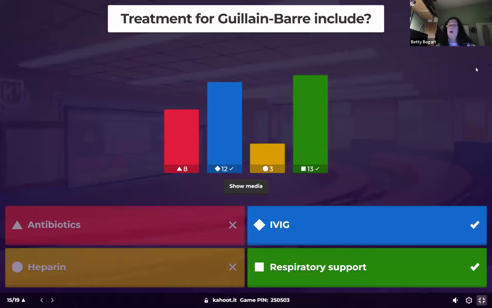So antibiotics are not needed. We're going to give IVIG, plasmapheresis, maybe steroids, and we're going to take care of the lungs with a ventilator, respiratory support. Now, heparin may be used to prevent things like DVT because of being bedridden and can't move, but it's not the treatment for Guillain-Barré. It's the IVIG and respiratory. Remember, it is not a bacterial infection.